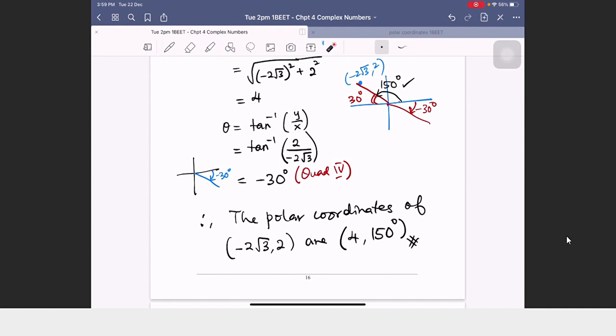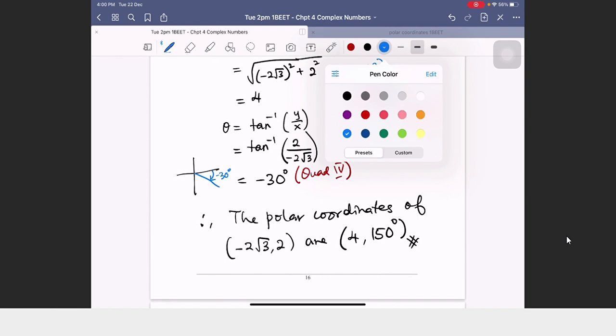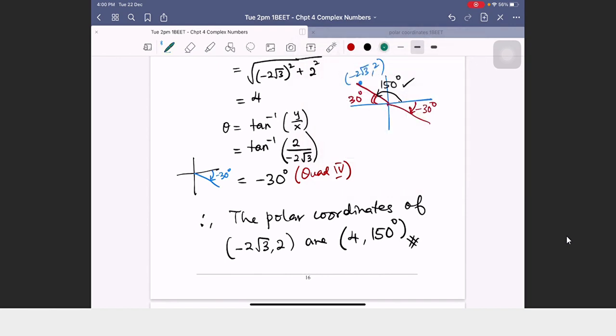We will accept it, because remember I mentioned polar coordinates have infinitely many representations. 150 is where I go this way, counterclockwise, using a positive angle. Other people can also give us, for example, this type of angle, the negative angle.